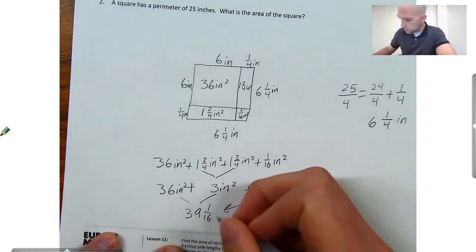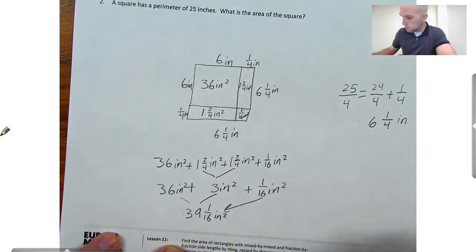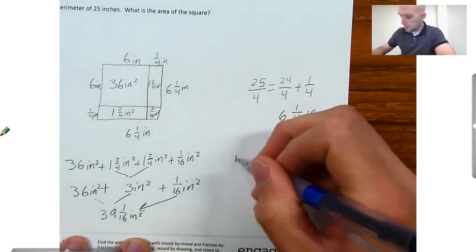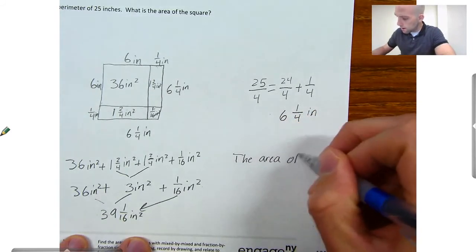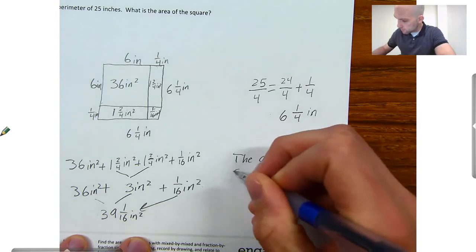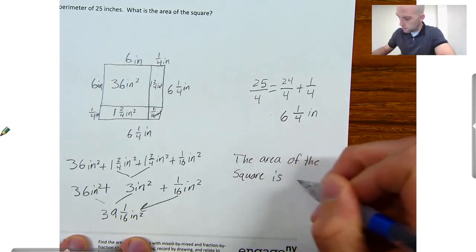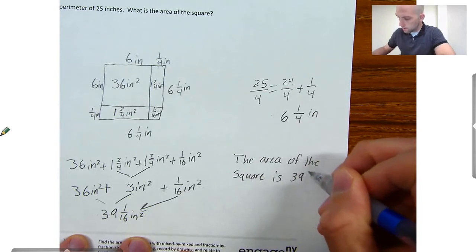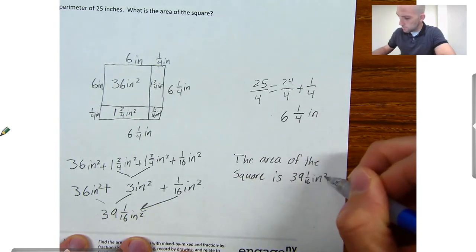And I get 39 1/16 square inches. So the area of the square is 39 1/16 square inches.